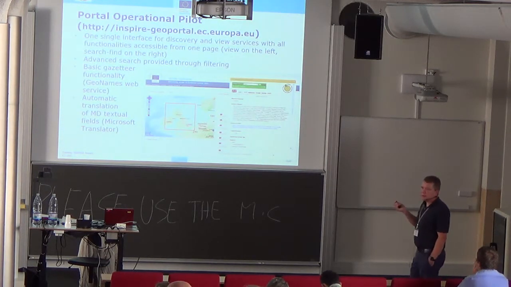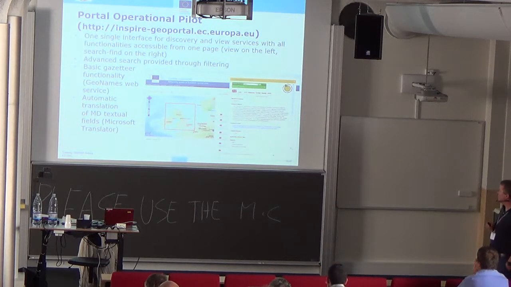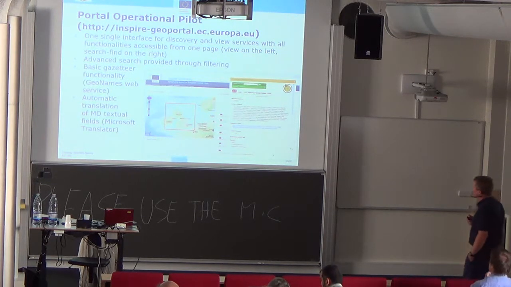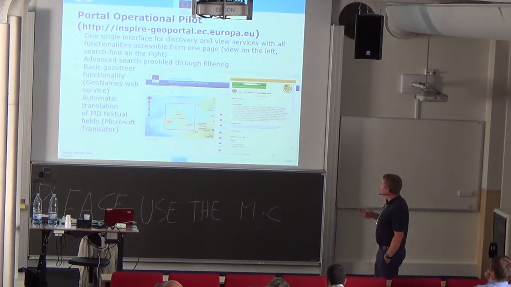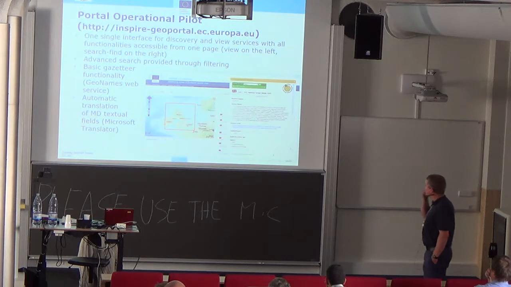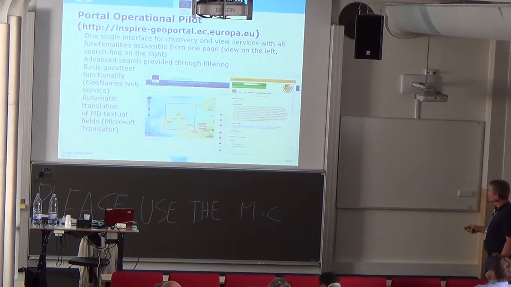As I said, the existing Inspire Geoportal, which we will look at a little bit later, is still an operational pilot. It was developed and is still maintained at the JRC. At the moment, it is really one single interface for discovery and view services with all functionalities accessible from one page. On the left you have the view service and on the right the search and find.